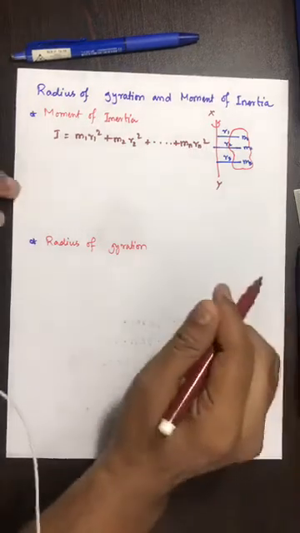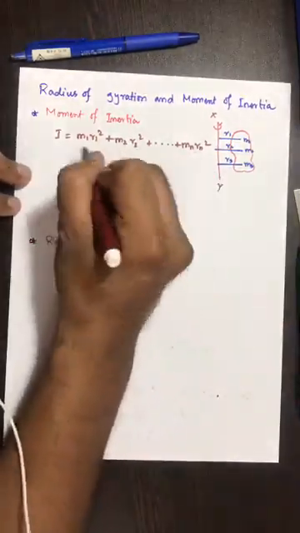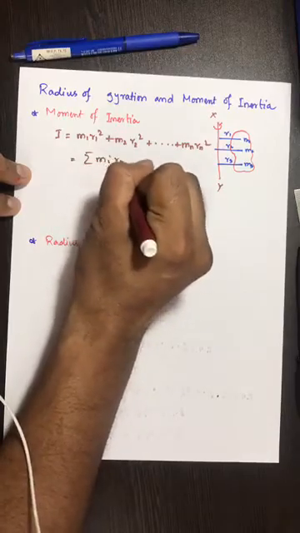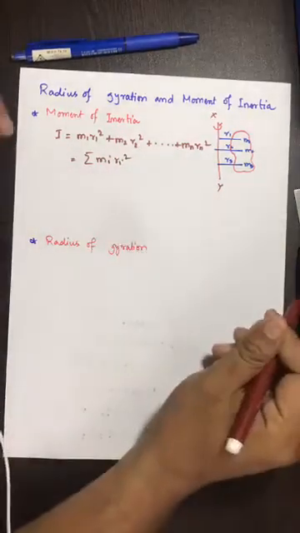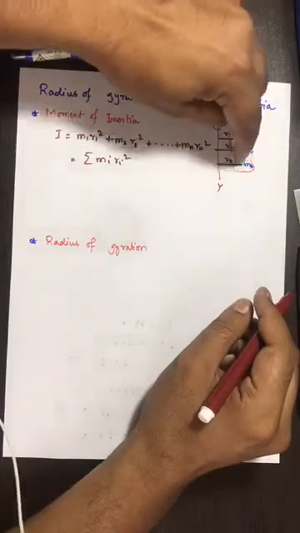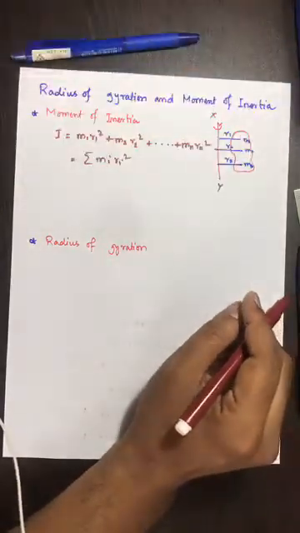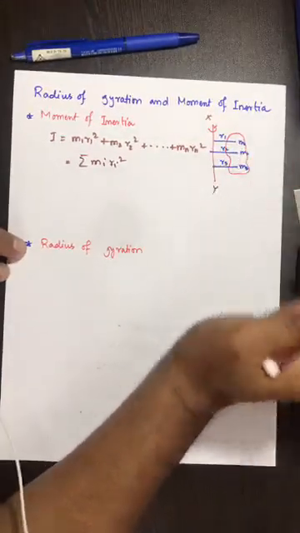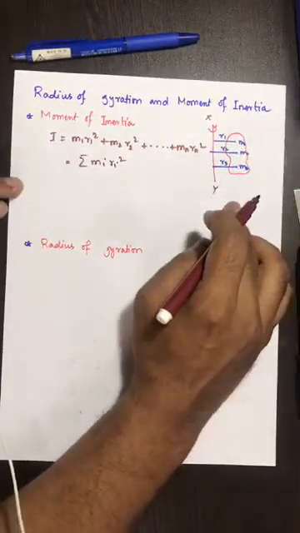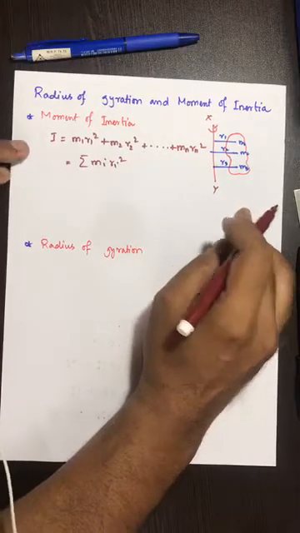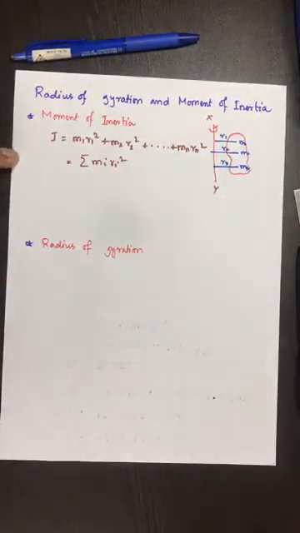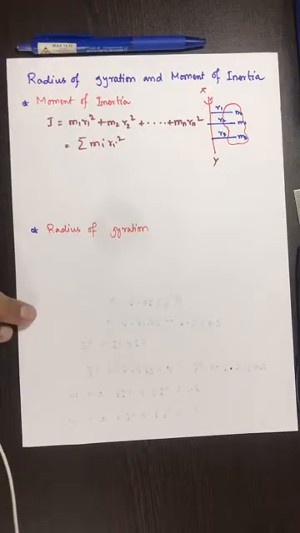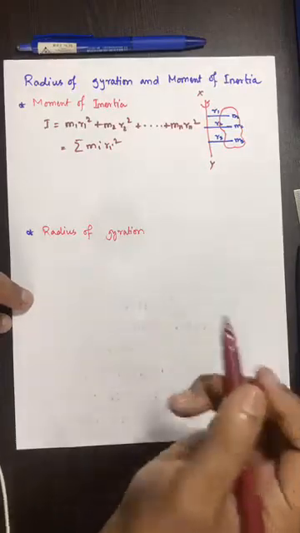Moment of inertia, then we can write it as the summation of mi ri square. We can write it like this because there are millions of particles as individual masses, and they are rotating at different radii from the axis. This is known as moment of inertia. Okay, clear? Radius of gyration. In some books the definition of radius of gyration is very complex, but it is something very simple.